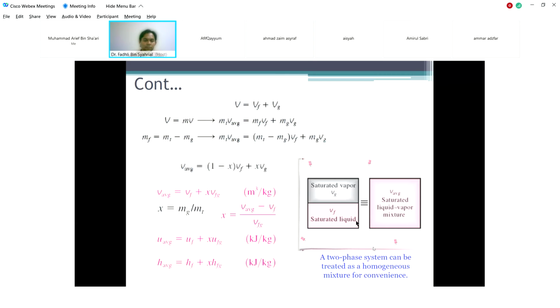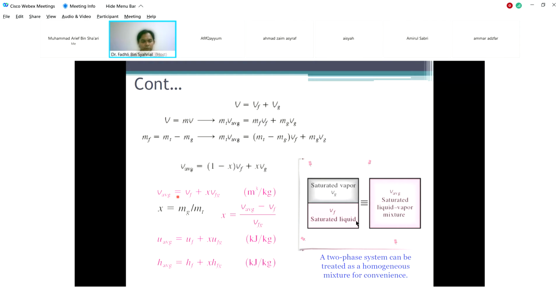Let me go back. This is the equation for specific volume for the case of a saturated liquid-vapor mixture. We can use this one as well as this one, because we are asked to find total volume. Total volume is equal to m times small v, and small v comes from this equation.